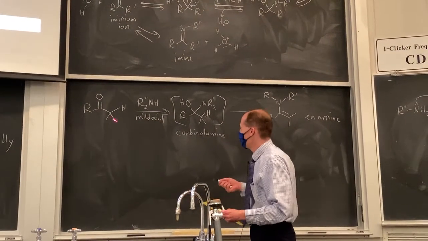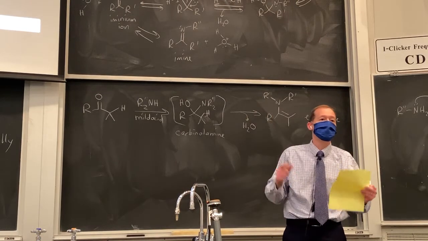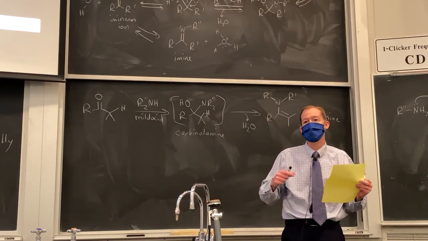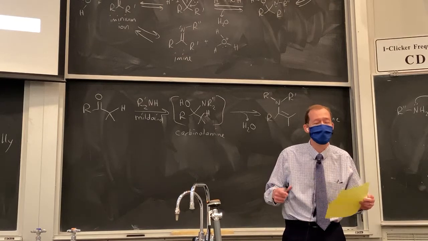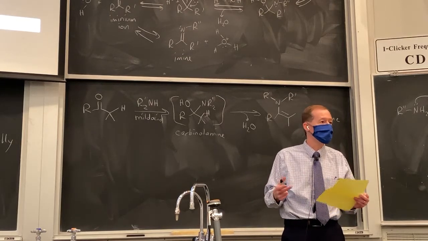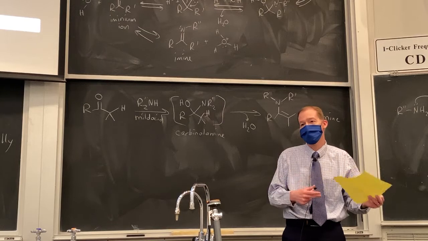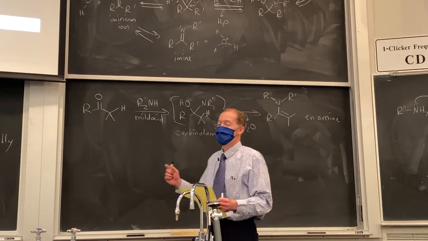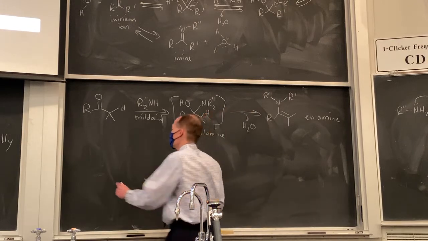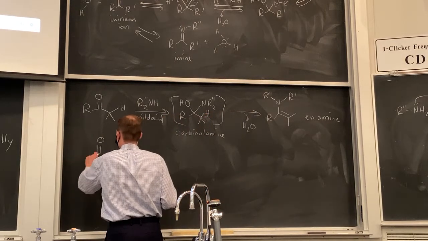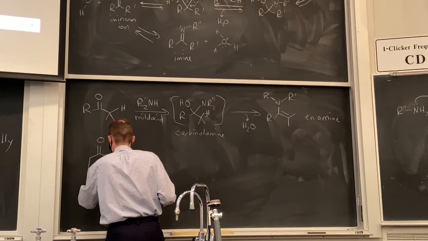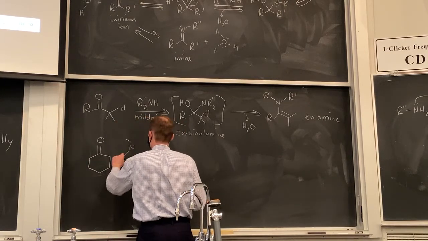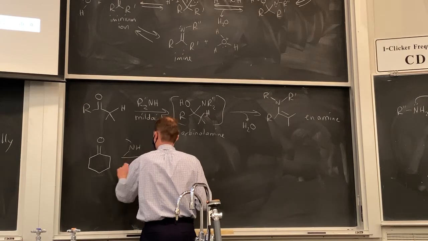Another issue we have is the number of types of alpha hydrogen. So if we have an aldehyde, we're only going to have one type of alpha hydrogen. If we have a ketone, depending on the type of ketone we have, we might have one type or two types of alpha hydrogens. This reaction works best with symmetrical ketones that only have one type of alpha hydrogen, because then there's only one constitutional isomer of our enamine that we can form.